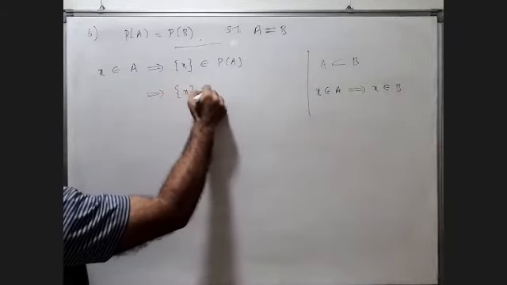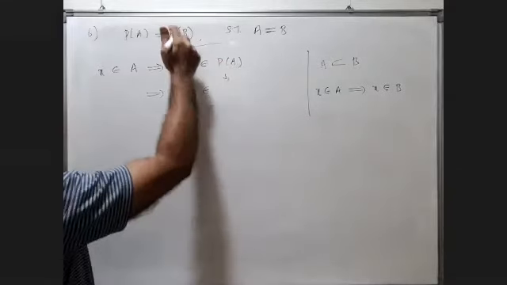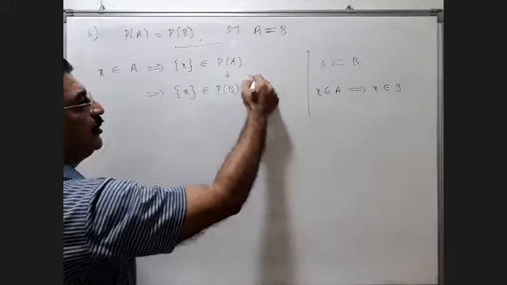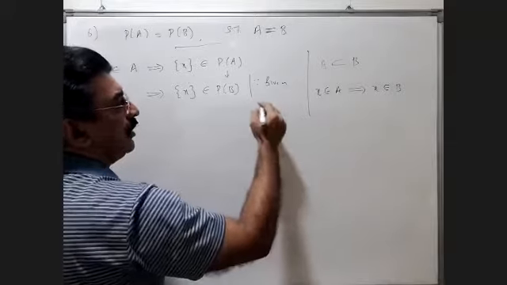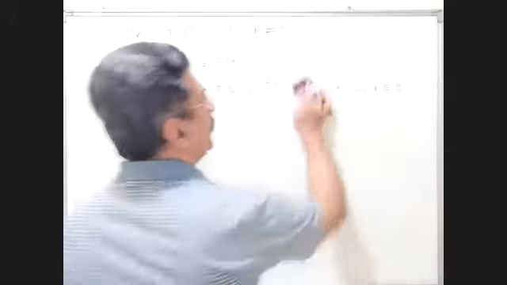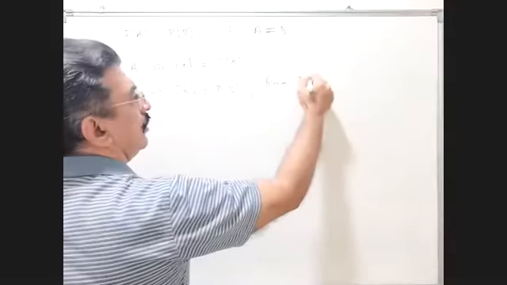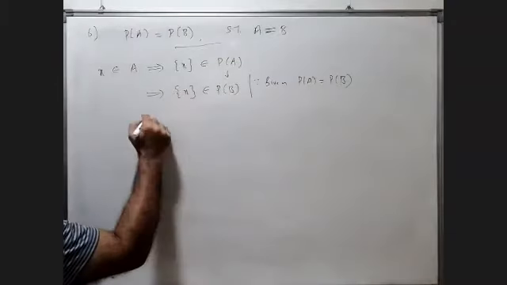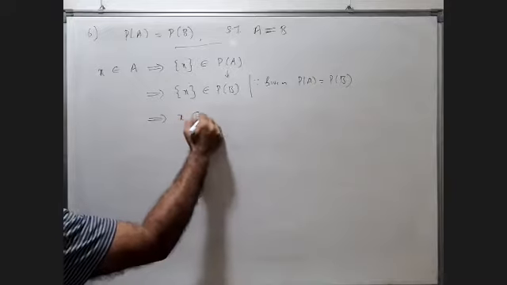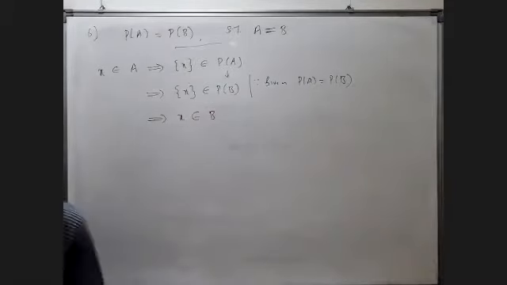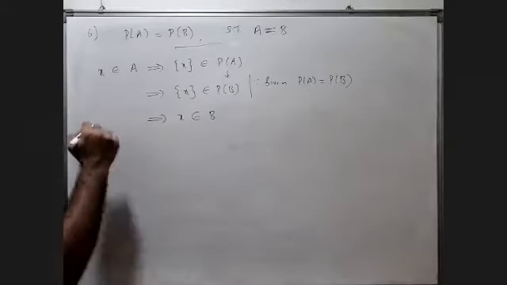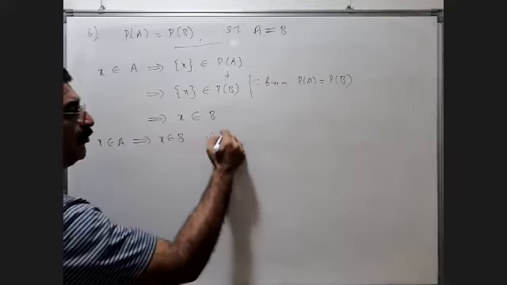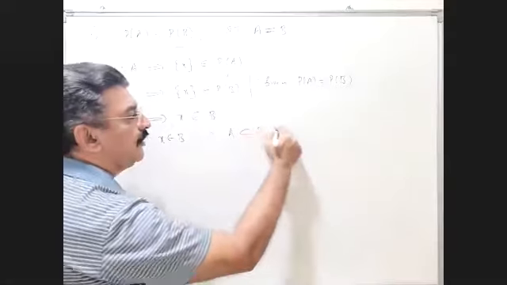We know that the power set of A is equal to the power set of B. The power set of A can be replaced, reason: given, P(A) is equal to P(B). If the set {x} belongs to the power set of B, that means x belongs to B, because if the set {x} is inside the power set of B, then x belongs to B. So we started with x belongs to A implies x belongs to B. Therefore, that's the definition of A is a subset of B.